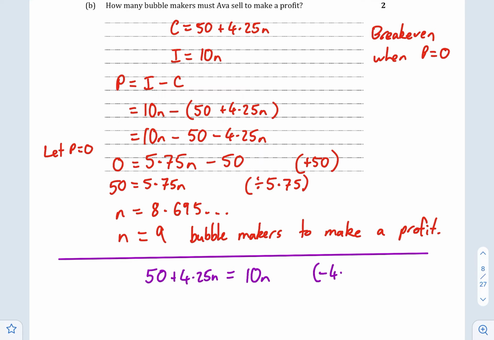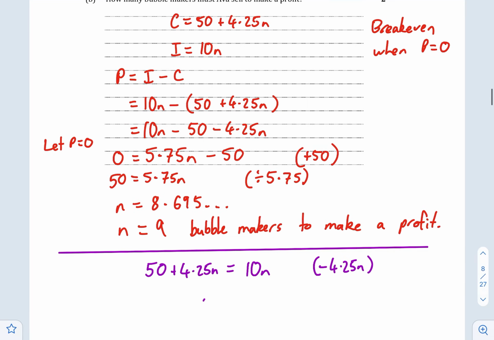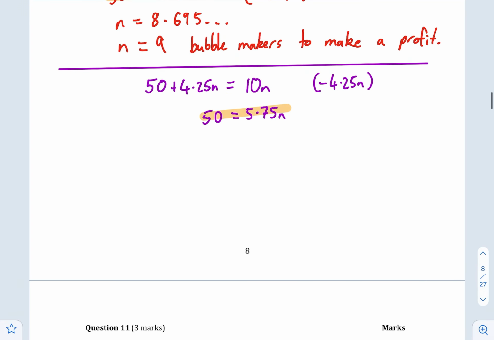If I take away 4.25n from both sides, so I can get all the n's on one side, I get 50 is equal to 5.75n. From here, it's the same solution. Now, one thing that's important is what I've done in purple. At first it can seem a bit more complicated, but it is faster. So you have to make that decision when you're answering questions like this.